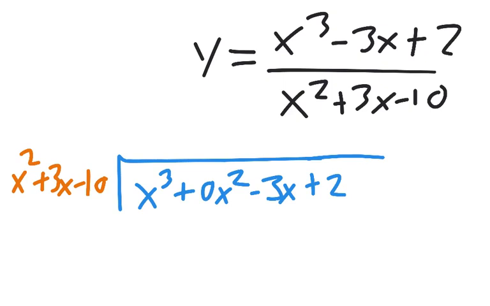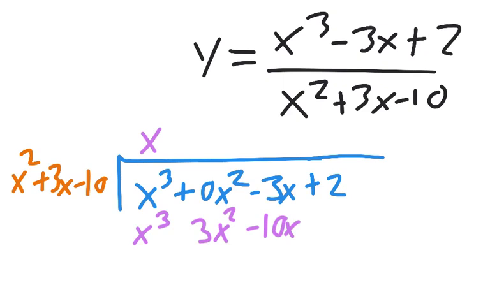X. So x times x squared is x cubed. But we have to distribute it to everything. X times 3x is 3x squared. X times negative 10 is negative 10x.